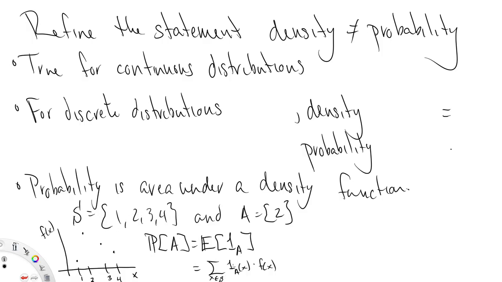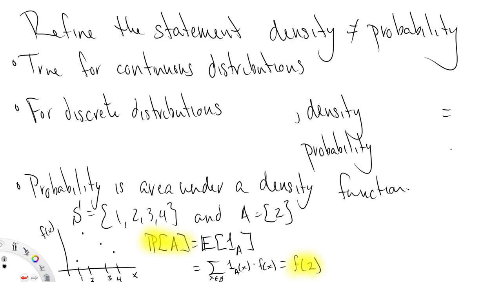But the indicator function only indicates the value 1 for the element 2, since 2 is the only element in the set A. For all other elements, 1, 3, and 4, the indicator function is 0, and 0 times this density function is 0. So in fact, this entire sum just boils down to f at 2. And now if you just connect the left-hand side to the right-hand side, you do indeed see that probability is equal to the density function.